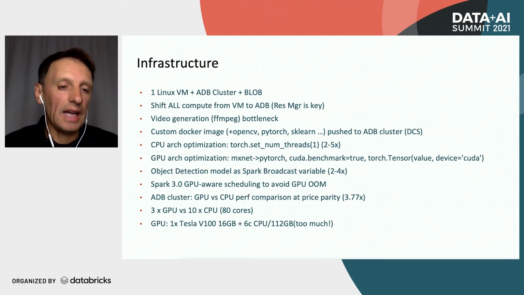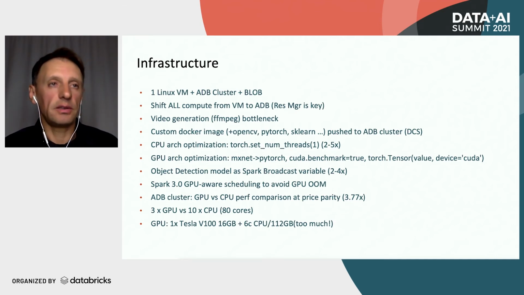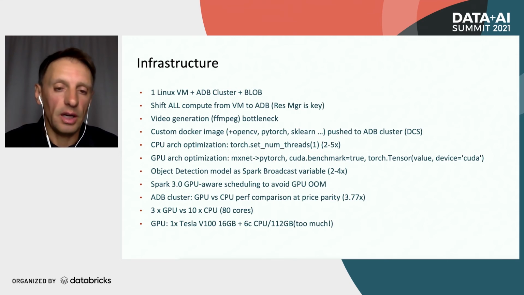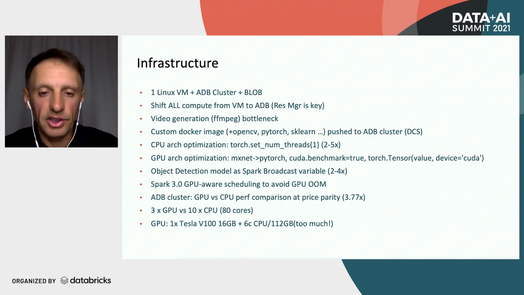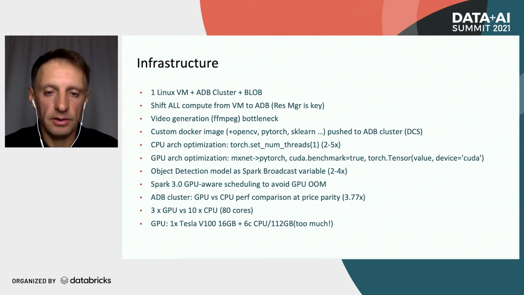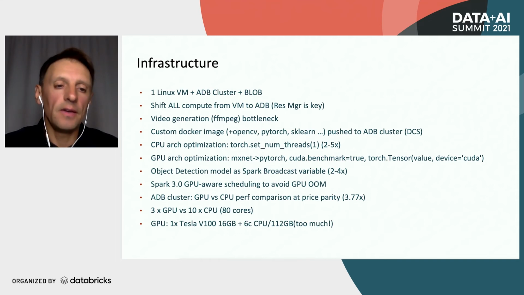The biggest lift we had was in loading the model for object detection. Each task was loading it separately, so a lot of time was wasted. As soon as we introduced that model as a Spark broadcast variable, it was cached and shared across tasks. We had a 2 to 4x performance improvement.